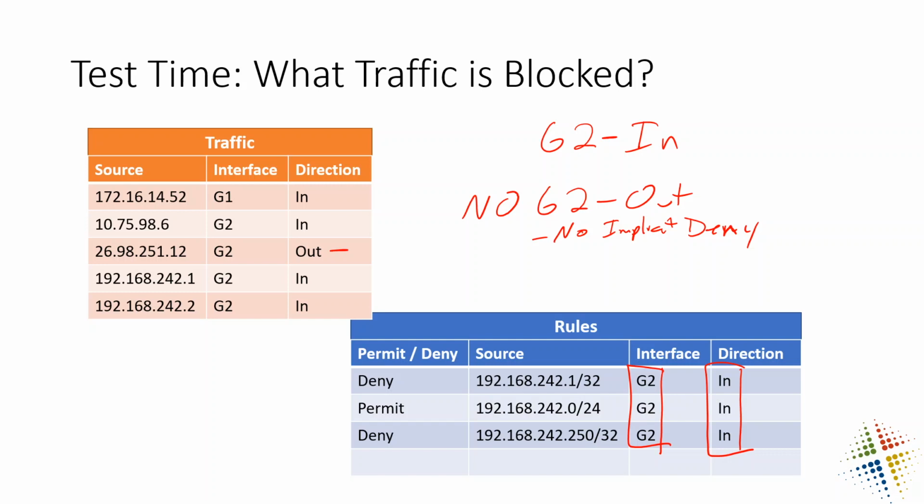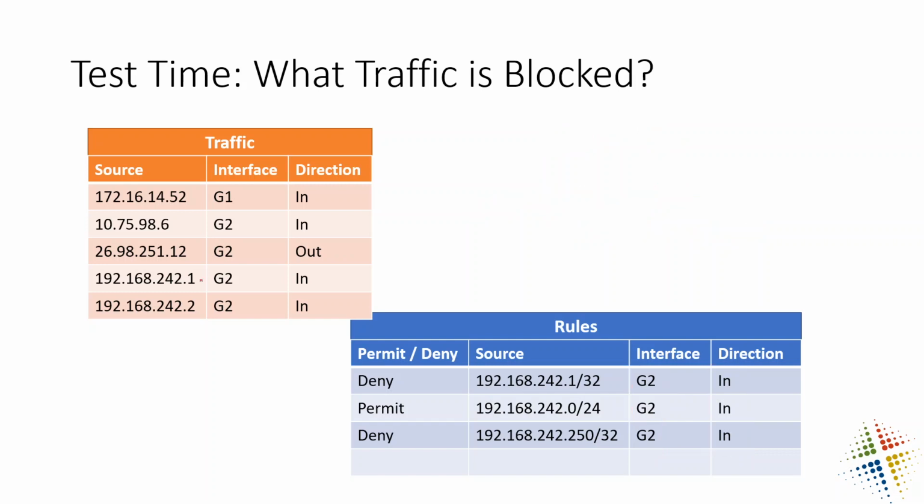All right. Next set of traffic, 192.168.242.1 on interface G2. It is inbound. We look at our interface G2. That's correct. Inbound, that's correct. So we start with our rules again from the top down. 192.168.242.1. We look at our first rule, 192.168.242.1.